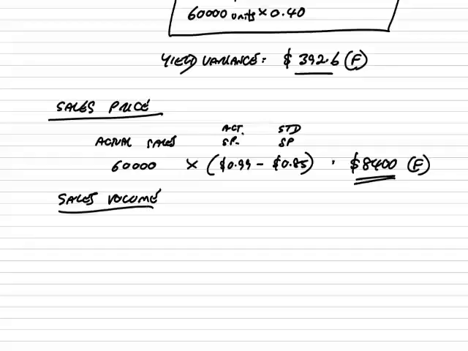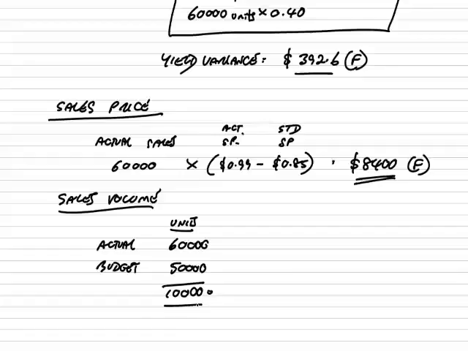All we're interested in here is, did we sell more or less than we budgeted? The actual sales in units was 60,000. The budget sales were only 50. Oops, sorry, what am I doing? We sold an extra 10,000 units, so clearly it's favourable.